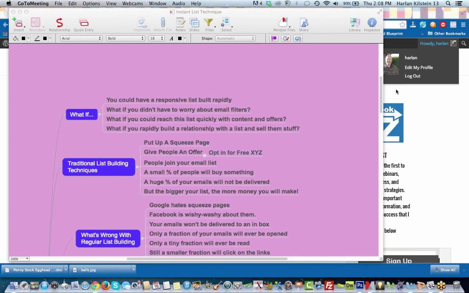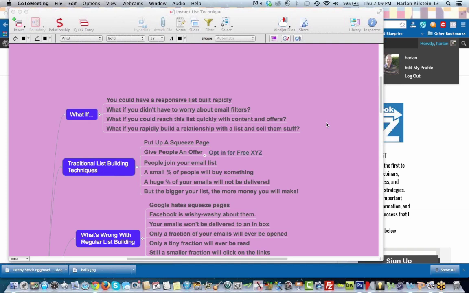Me too. So what if you didn't have to worry about email filters? Ever since Gmail outdid itself last year by filtering in mail that was selling, marketers all over the world have talked about just how poorly their email lists are performing.